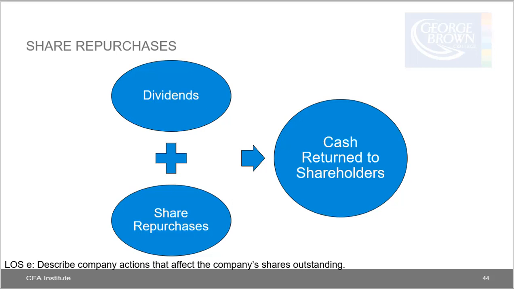Now we're moving on to share repurchases. Okay, companies may choose to return cash to shareholders by repurchasing shares rather than paying dividends. So companies have a lot of cash on the balance sheet. Again, you can pay dividends to common shareholders. That'll decrease retained earnings. Asset goes down, cash goes down.